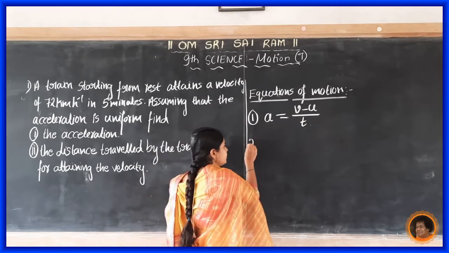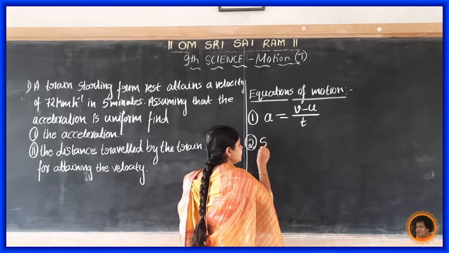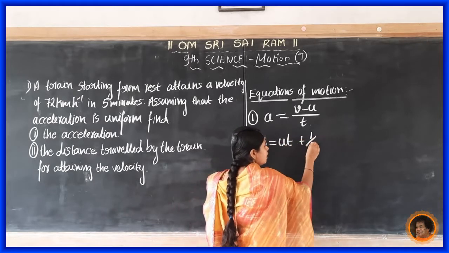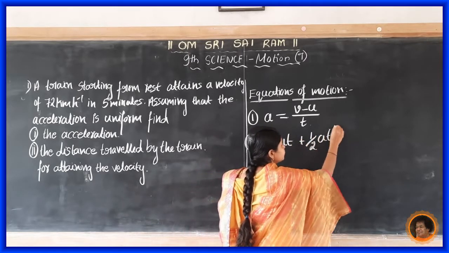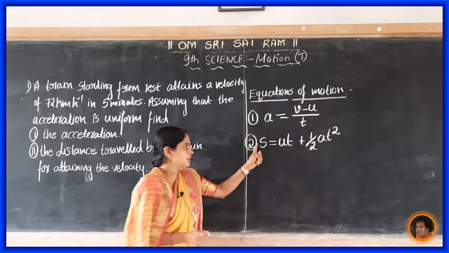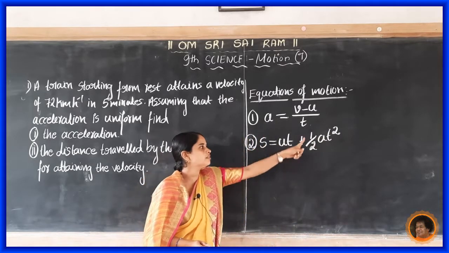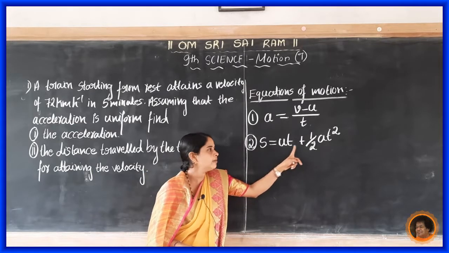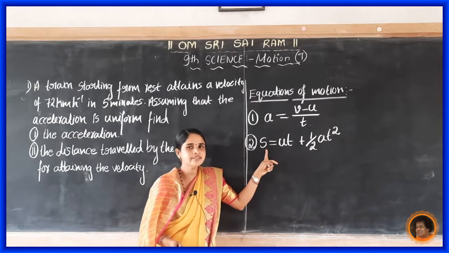And the second equation: s equals ut plus half at square. Here u is initial velocity, t is time, a is acceleration, and s is distance travelled.